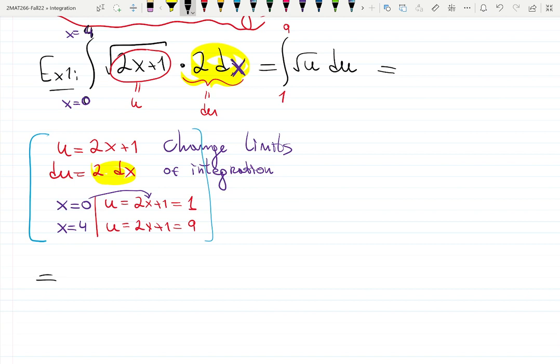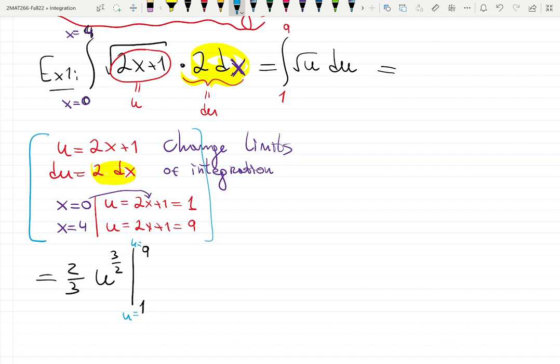Reminding you how to integrate a definite integral. Square root of u, we already know. It's 2/3 u to the 3/2. But now what? The bar. Do you remember the bar thing? And you plug in 1 and 9. You have to check before you plug in that 1 and 9 are in terms of u. And indeed, it is u equals 1 and u equals 9.